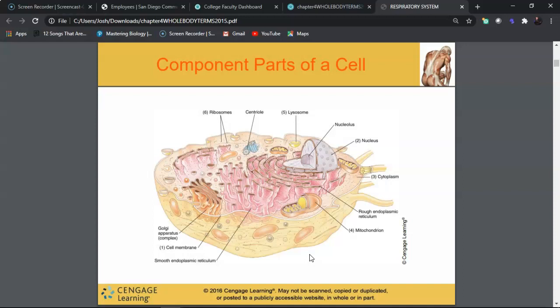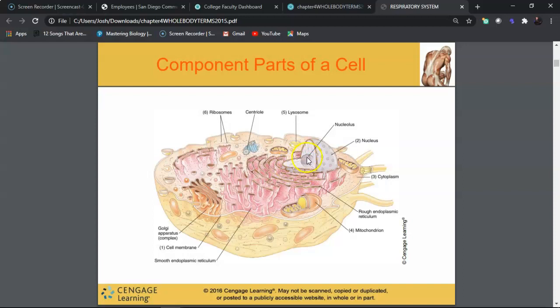If you were to study a cell biology class, you'd find out that there are more, but this covers the bulk of them. The biggest one to start out with is the nucleus. The nucleus holds all the genetic material within that cell. Then the nucleolus is within that nucleus, and it actually produces ribosomes.